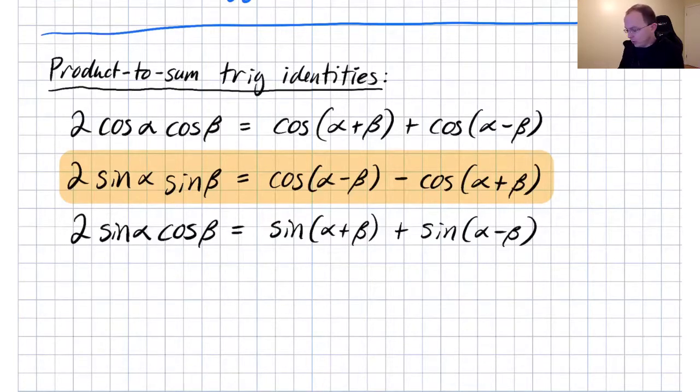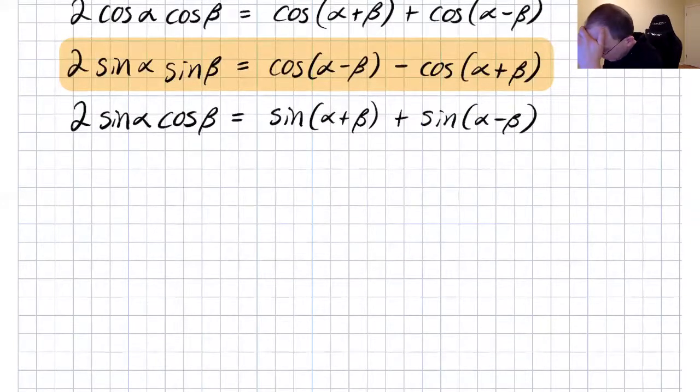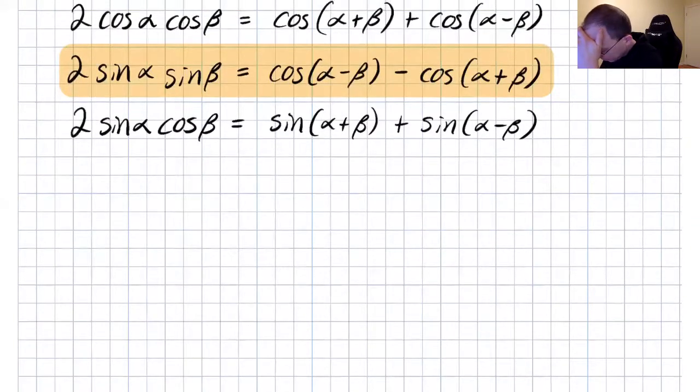These are things that may be kind of hard to remember, but if you're interested in a quick way to figure out these product to sum trig identities, I thought I'd show you a little trick that uses linear algebra to do it. So the idea is that you start with, let me see, I'll just put it right here. Okay, so here's our unit circle.